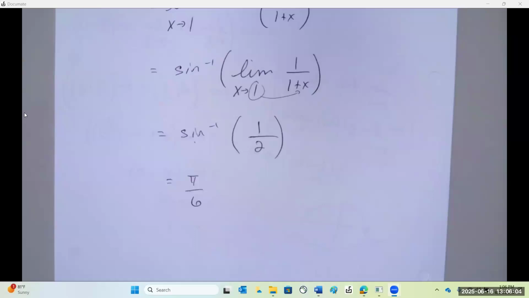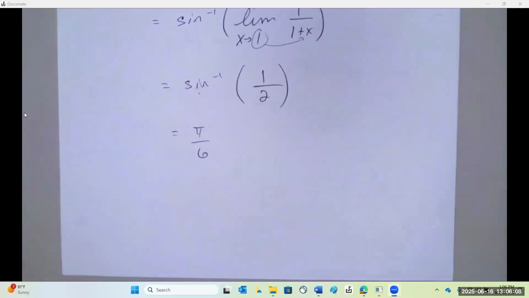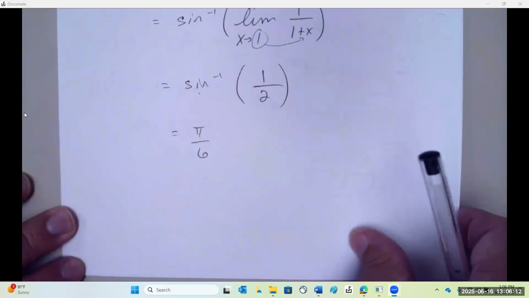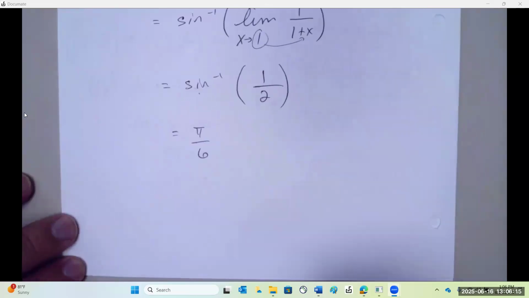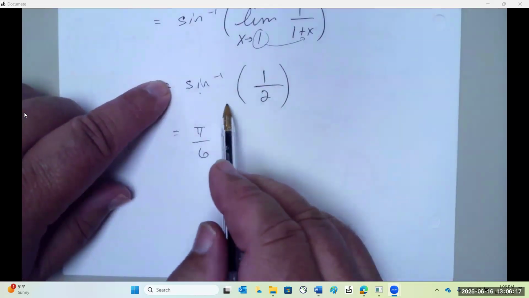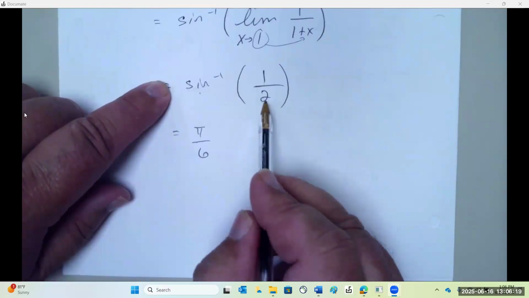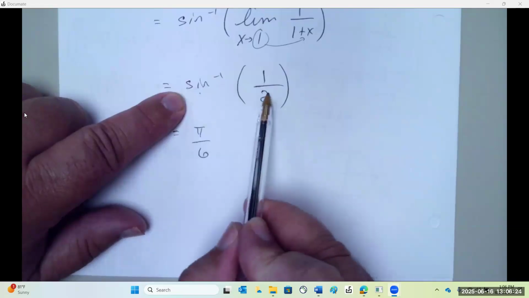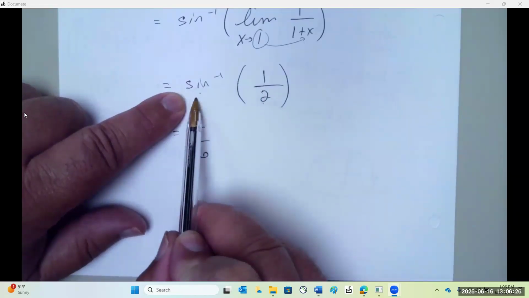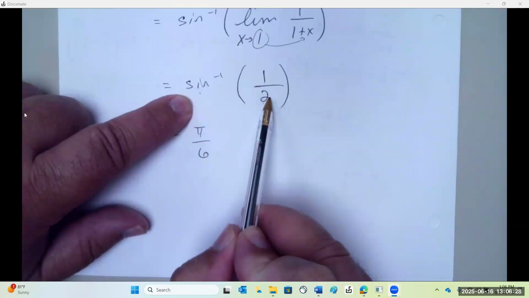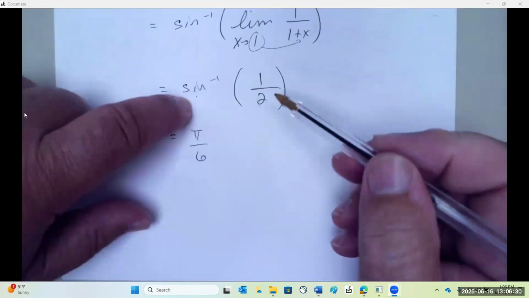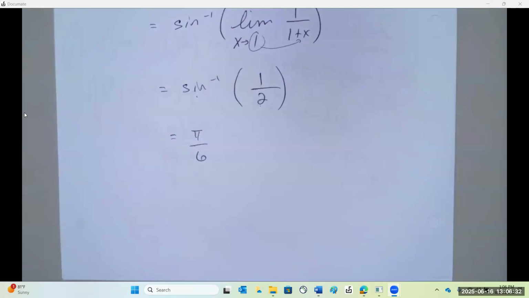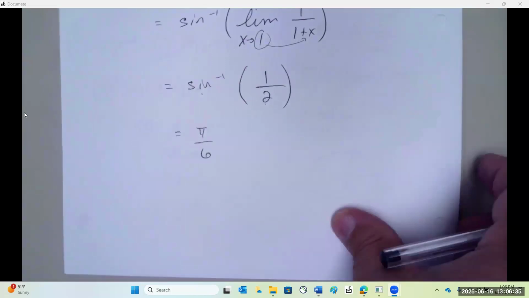Cosine of pi over 3 is a half. But remember, inverse trig functions: this is not the angle. What this is asking is, what is the angle of sine that gives you this? You have to work backwards. So this is the answer. You have to tell me what x gives me the answer for the inverse.